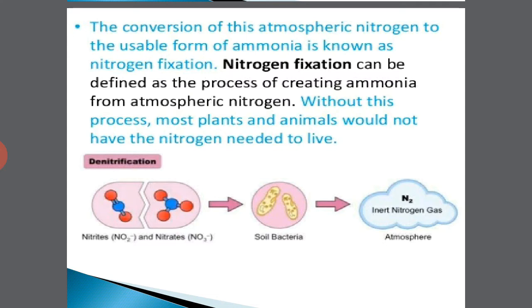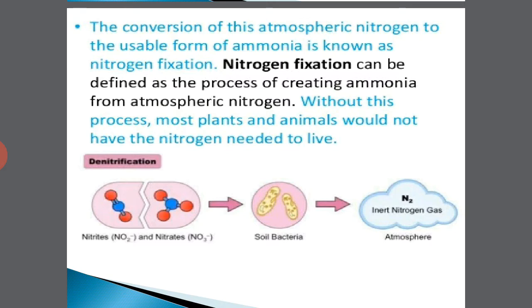If this process does not take place, then it will not be possible for plants, animals, as well as human beings to live. So they need nitrogen in the form of some vitamins, proteins, and other forms also.